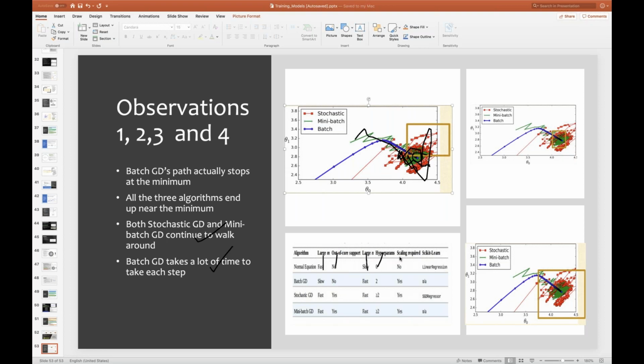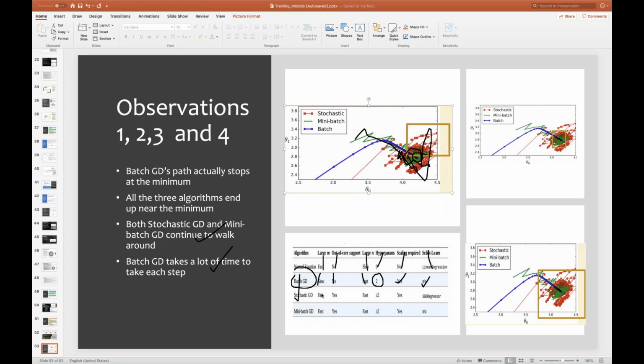Hyperparameters start with 0. Scaling is not required. Scikit-learn has the LinearRegression class. Batch GD is very slow. It is not out of core support. It is faster. The hyperparameters will be 2. Scaling is required and it has no class in scikit-learn.